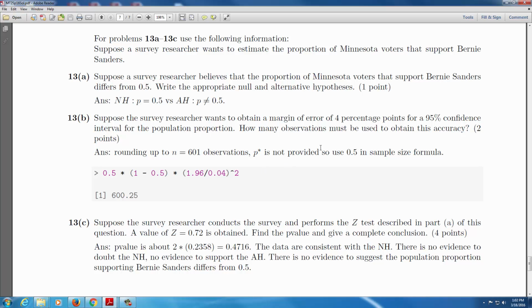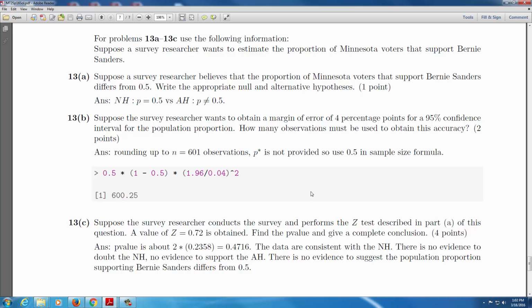We used p star here because we had no previous information provided about what the proportion for Sanders would be. So in absence of any information about the truth, you put in 0.5 as I suggested in the notes. That gives you a computed value of 600.25 observations. You need to round up to the next whole number, 601.